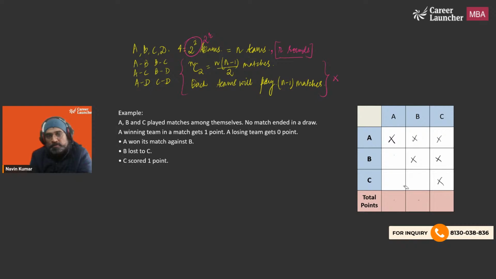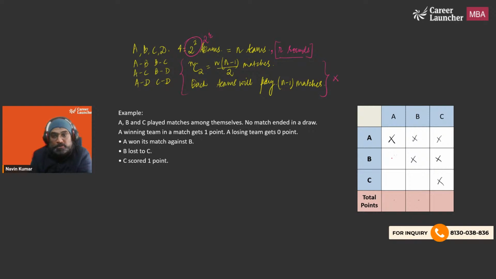Now, what we will do is try to fill in the information, whatever the additional statements tell us. So A won its match against B. So this is the match which is between A and B, and this is the only match between A and B. Since it says A won its match against B, either we can write the entire statement here, or we can minimize what we write.